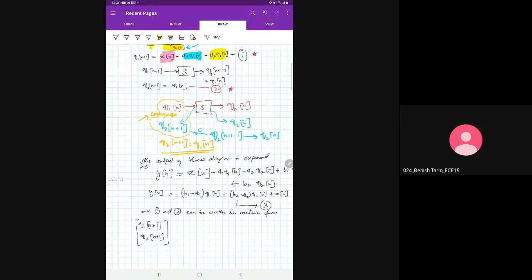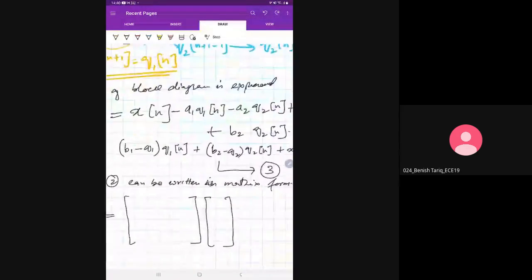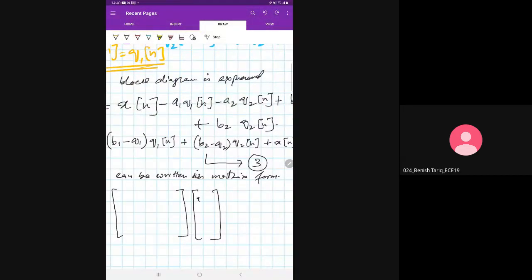It will be one vector. Okay, it will be equal to, then for equation 1, you have q1 and q2. Okay, so let me write down here q1 and q2. And equation 2 में भी आपको q1 है but q2 नहीं है. So I'll write down here q1. Say for example, I'll write down this form. This is q1 of n and this is q2 of n.